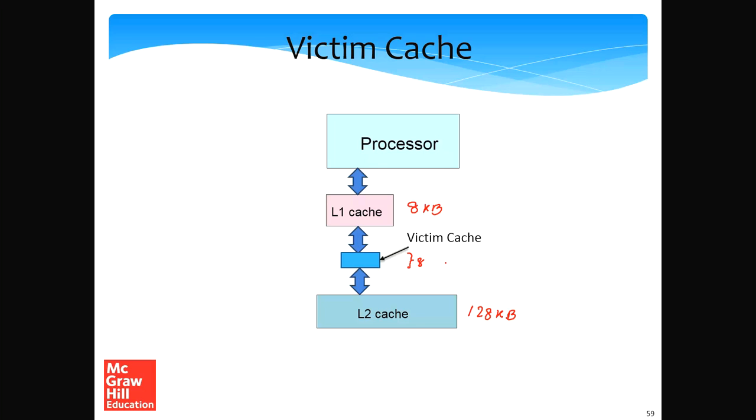If one entry is 64 bytes, then 8 entries will be 512 bytes, or essentially half a kilobyte. Half a kilobyte is not really a lot. It's not tremendously increasing the size, but it can make a fair amount of difference.